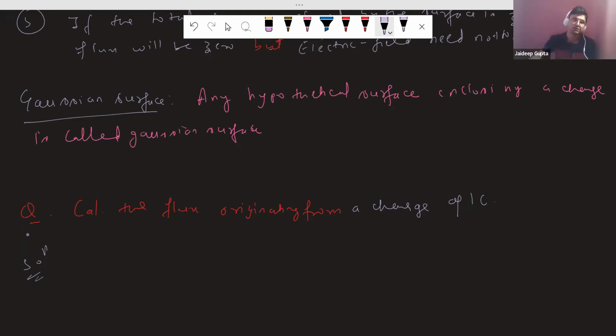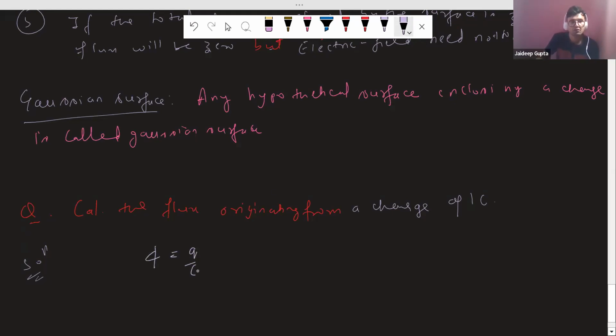Calculate the flux. Iram, please let me know the answer. 1.129. What is the charge? 1 coulomb. And epsilon value is 8.854 times 10 to the minus 12.